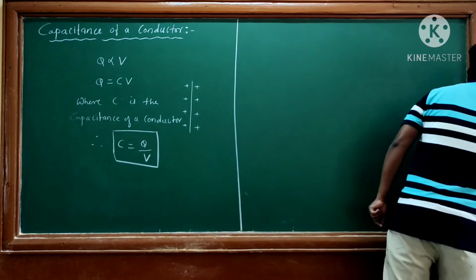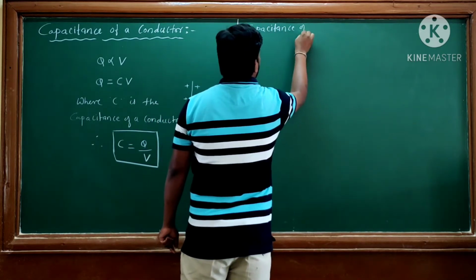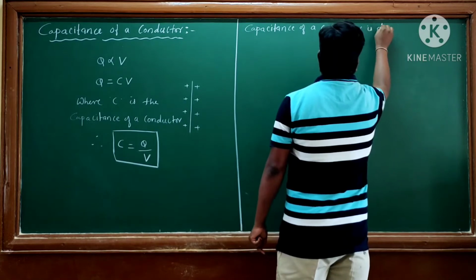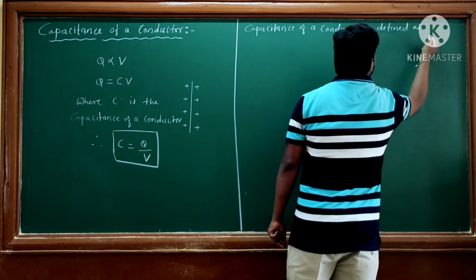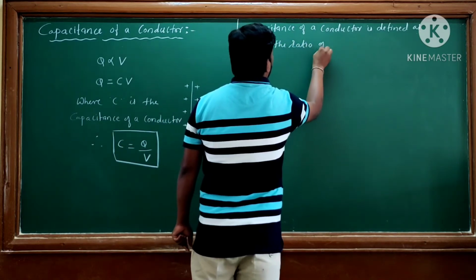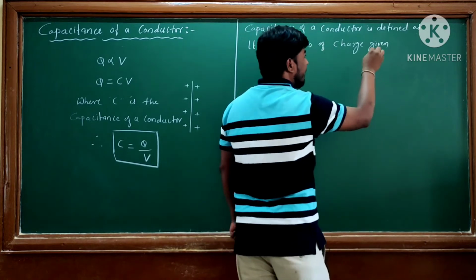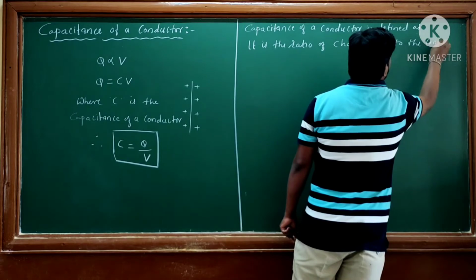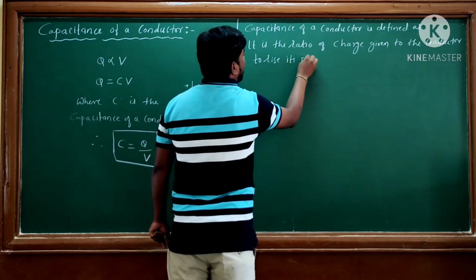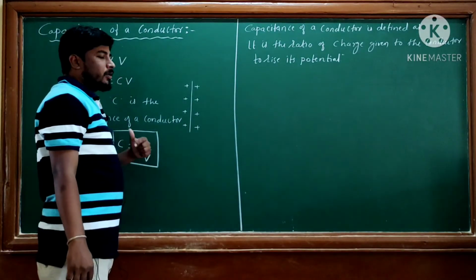Alright, I will write here: capacitance of a conductor is defined as the ratio of charge given to the conductor to raise its potential.